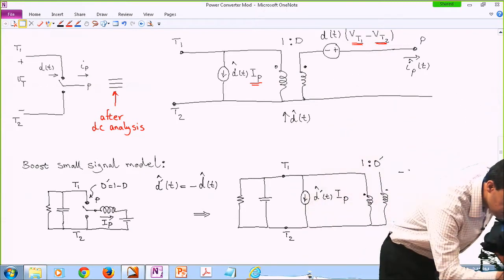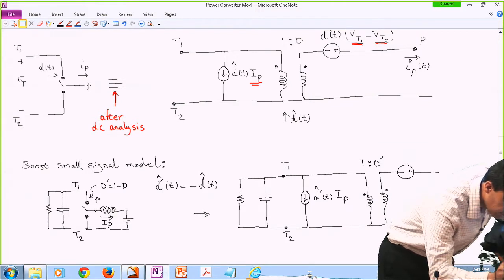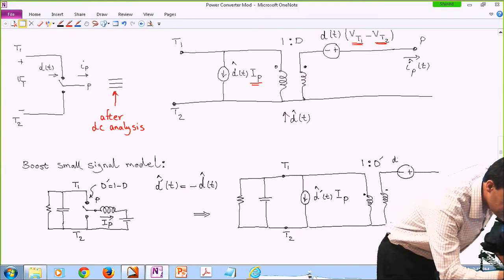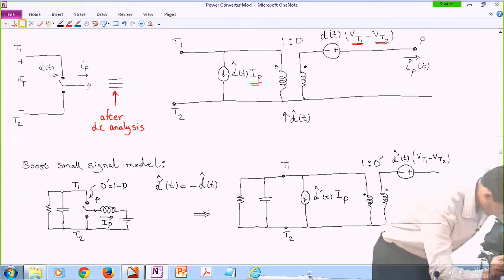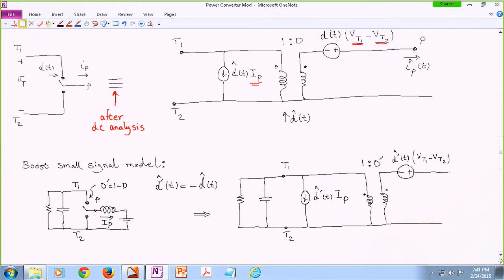And then the dependent source of D prime perturbed times VT1 minus VT2, and then the rest of the system. So this is P. All right, something like this.